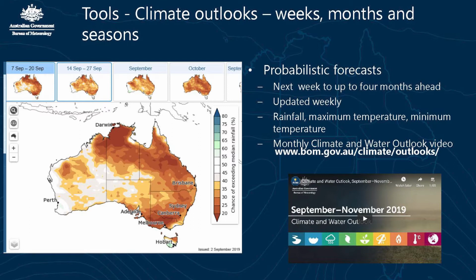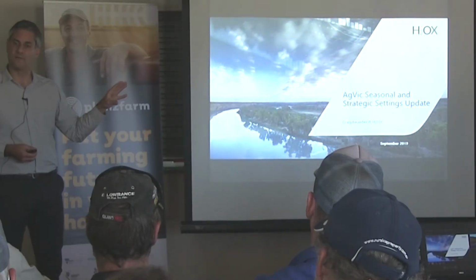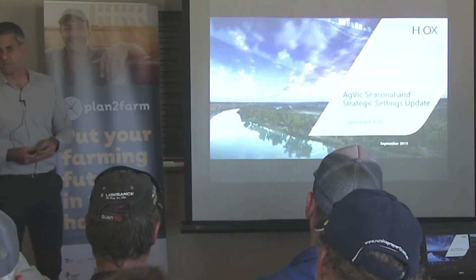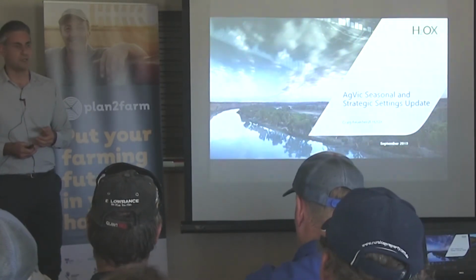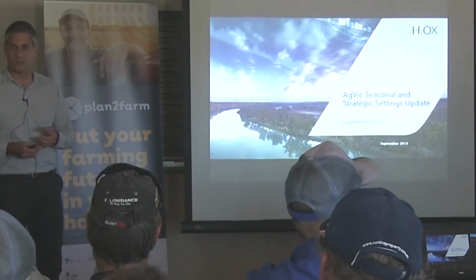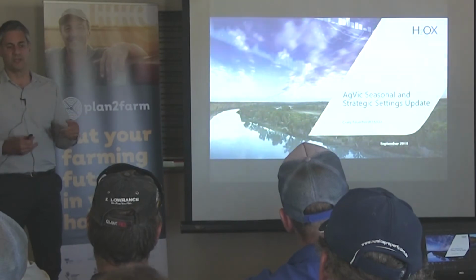So some areas it's very high likelihood or high certainty for the output for say spring. Other times of year it's a bit lower. So it really varies. I really encourage you to get onto the website and have a look at those climate outlooks and a lot of the information there.